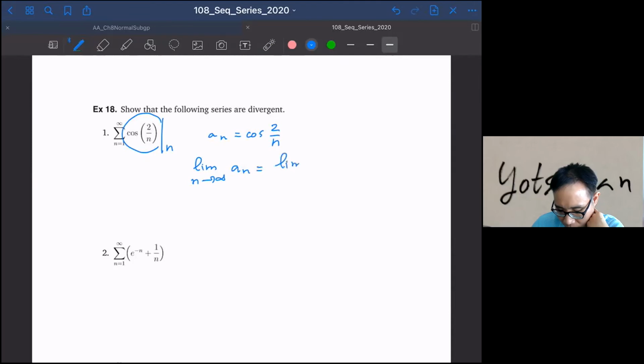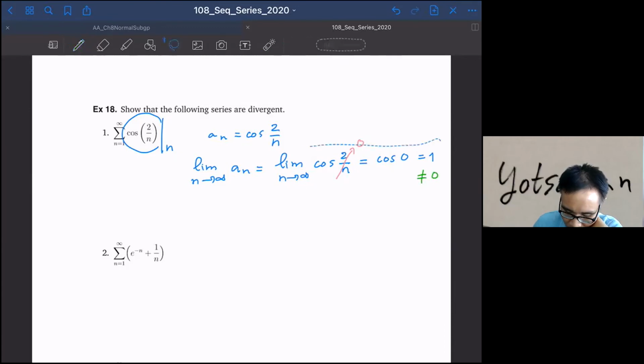It turns out to be the limit as n goes to infinity of cos of 2 over n. And you have this limit to be cos of, as n goes to infinity, 2 over n turns out to be 0, so it's cosine of 0, and cosine of 0 equals 1. So you have the limit of an turned out to be equal to 1, not equal to 0.